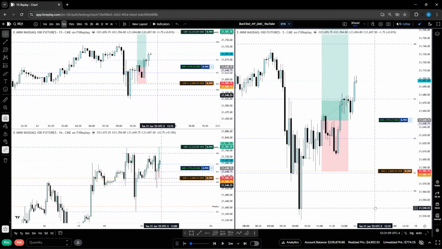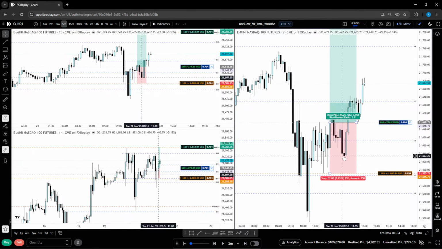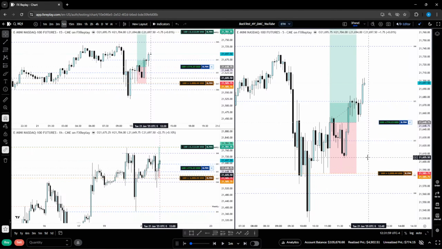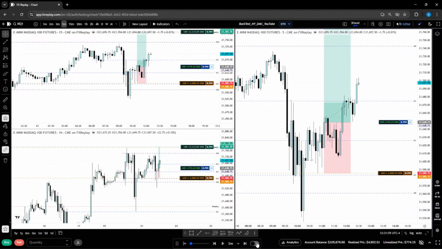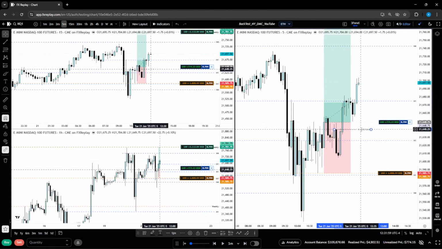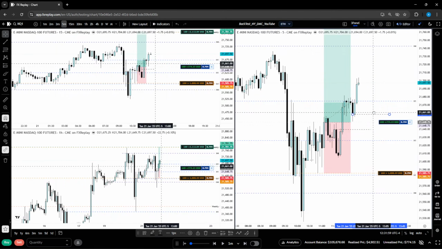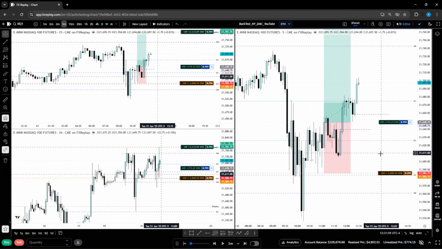Beautiful. So now we have this level that we can come back and test. We have this level we can come back and test.